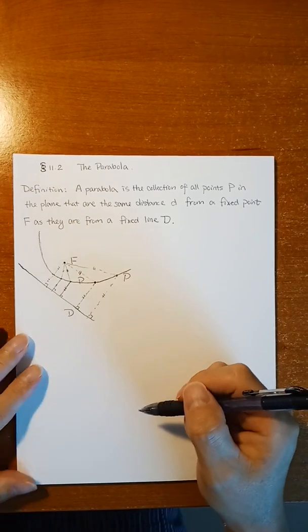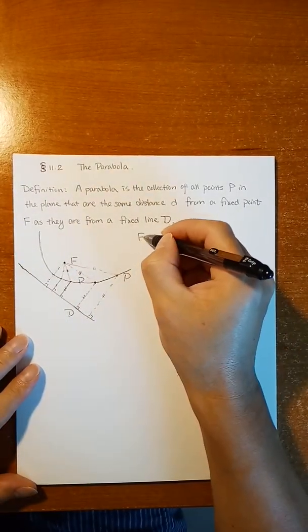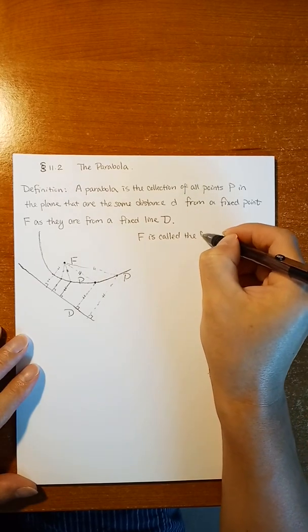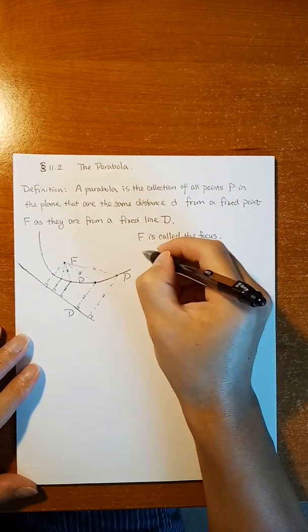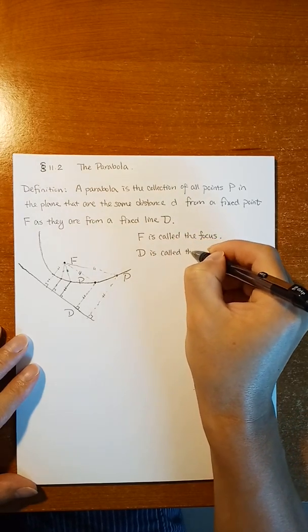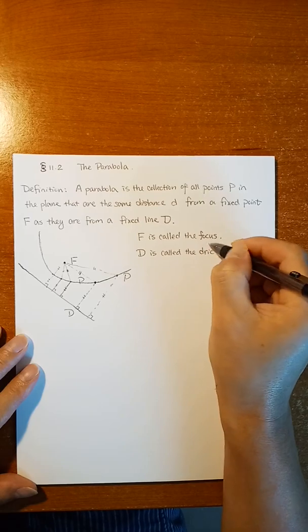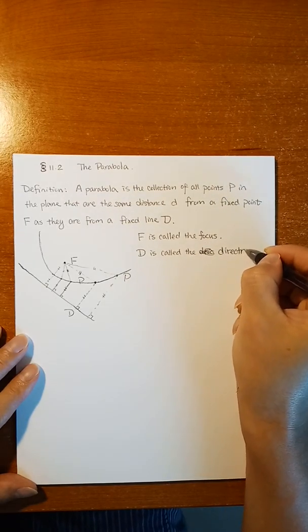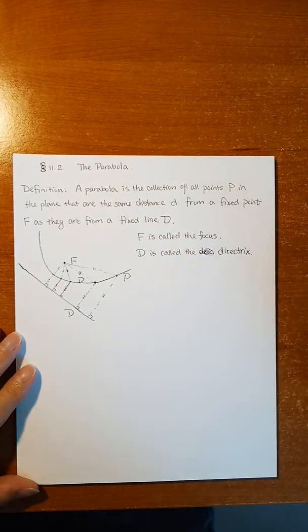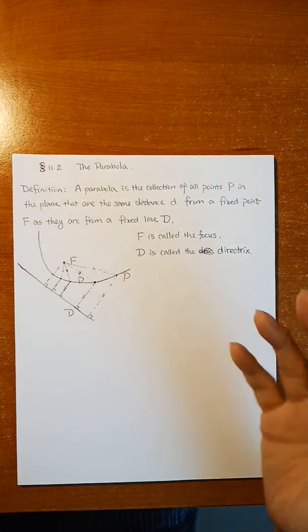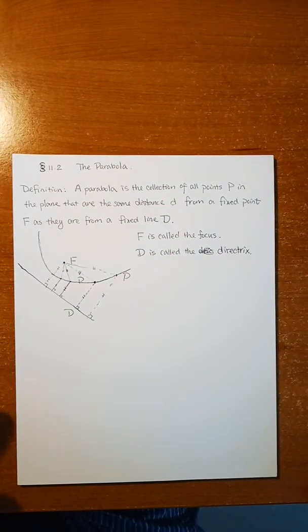Okay, and this fixed point F is called the focus, and this line d is called the directrix. Directrix, my bad. Directrix. That's why we use the letter d. Okay. So that's the geometric definition for the parabola.